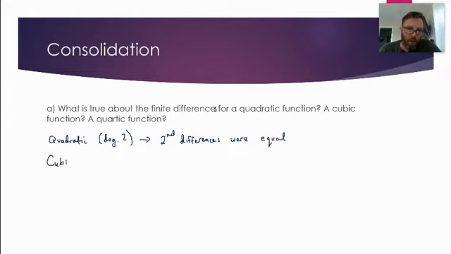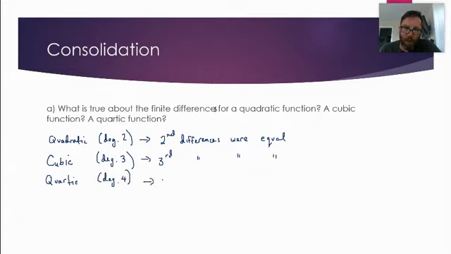For a cubic, a degree 3 polynomial, the third differences were equal. For a quartic, degree 4, we saw the fourth differences were equal.